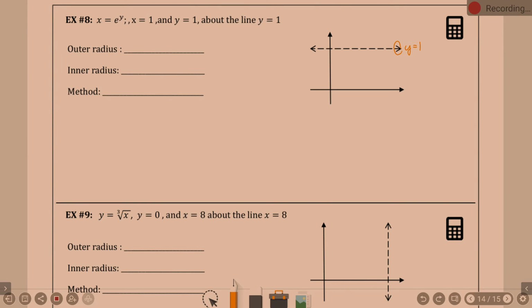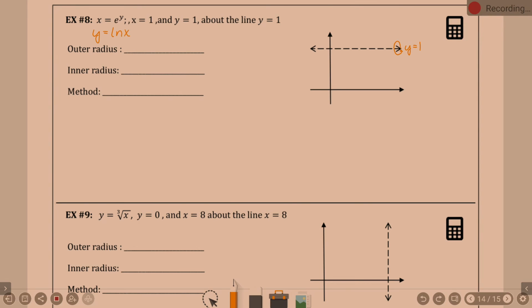Okay. So, y equals 1. That's what I'm rotating about. And x equals e to the y. I have no idea what that is in that form. If you change the form of this, whether you take the natural log of both sides, you end up with y equals natural log of x.